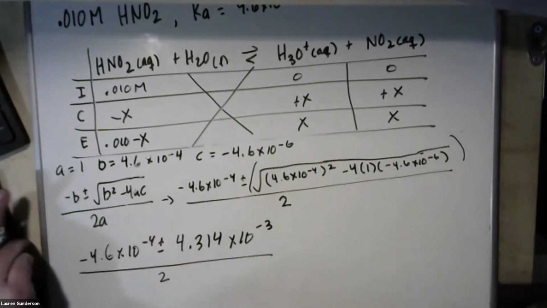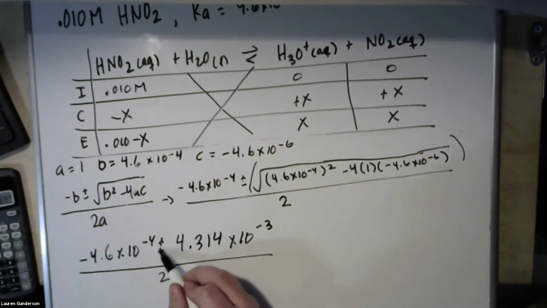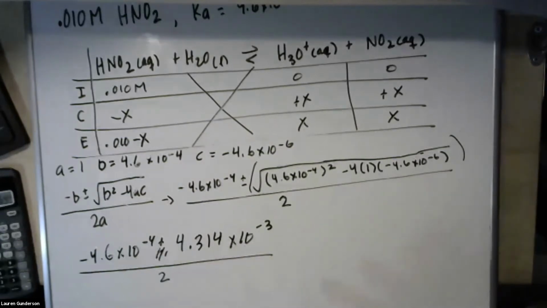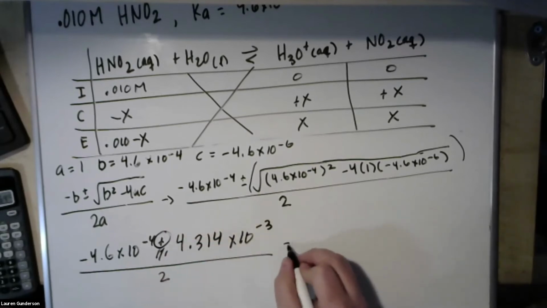Again, I have a negative B over here. So I'm going to discount this minus calculation because my concentration values can't be negative. So I'm just going to focus on the plus one. So negative 4.6 times 10 to the negative 4 plus 4.314 times 10 to the negative 3 divided by 2. So this is the calculation that I'm going to do.